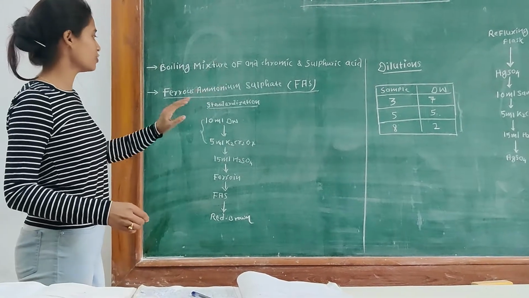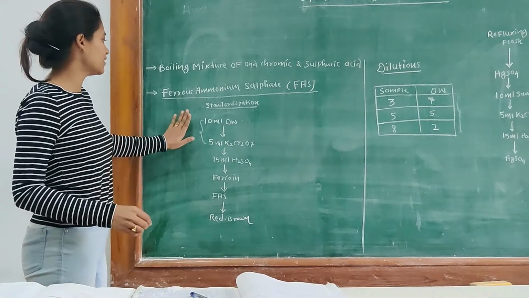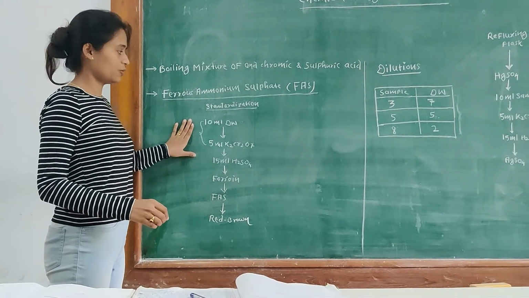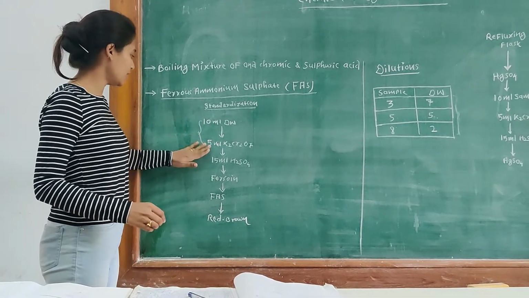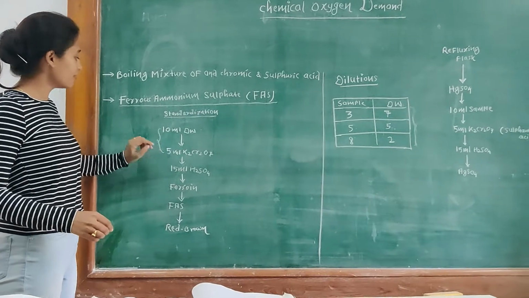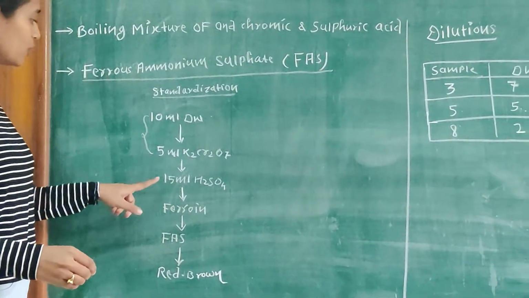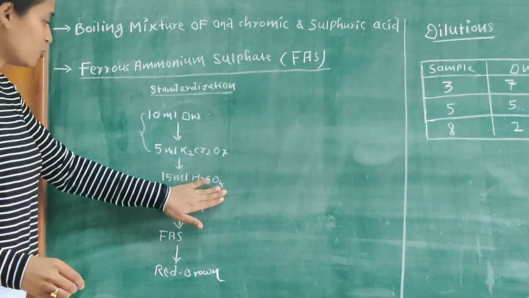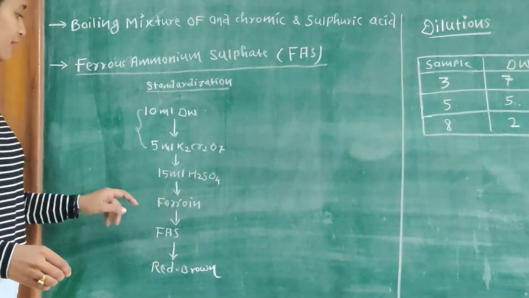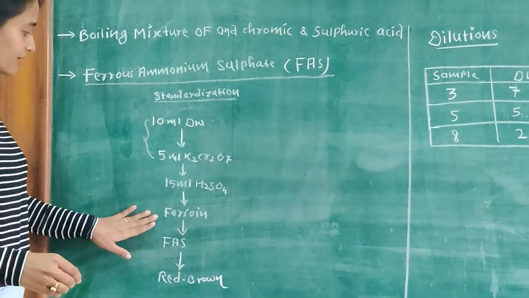For standardization of FAS, first you will take 10 ml of distilled water, and in that you will add 5 ml of potassium dichromate, then 15 ml of H2SO4, followed by ferroin indicator.